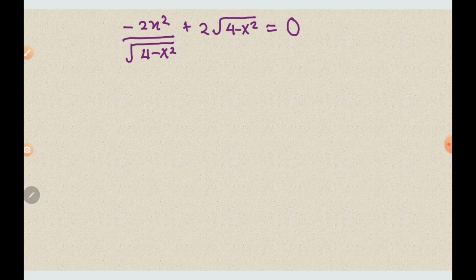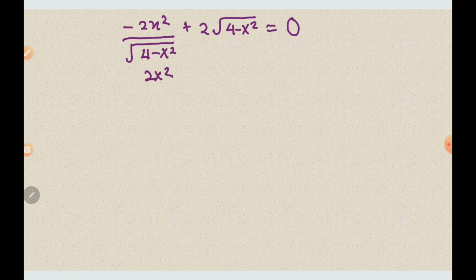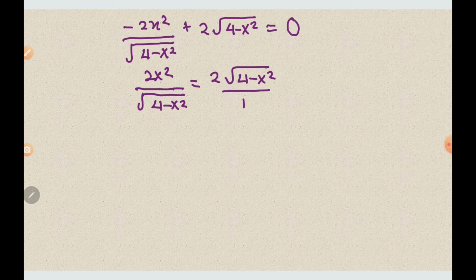Then we simplify: 2x squared over the square root of 4 minus x squared equals 2 times the square root of 4 minus x squared. Then you cross multiply, and you will get 2x squared equals 2 times the square root times the square root, which gives 4 minus x squared only.